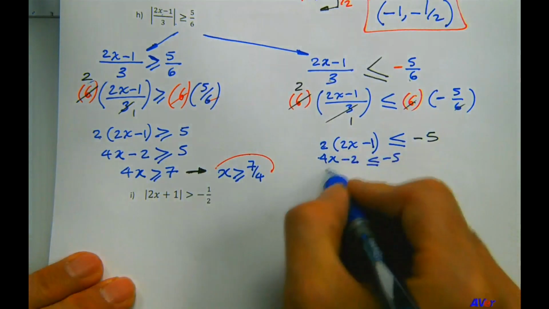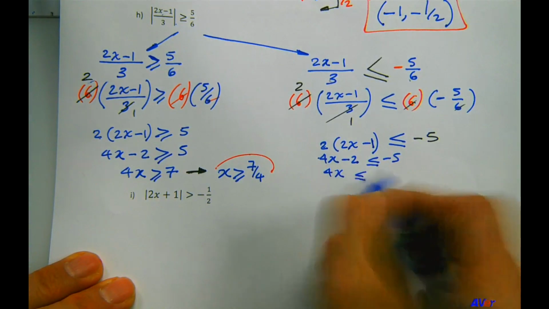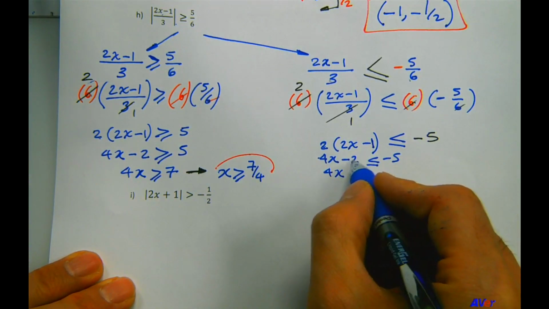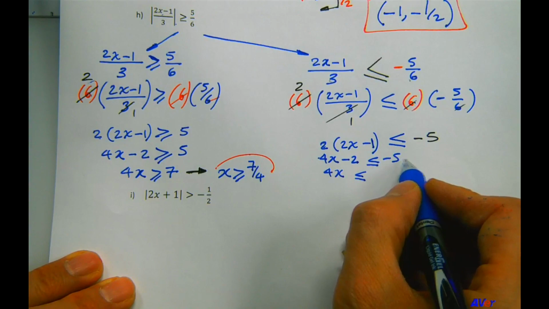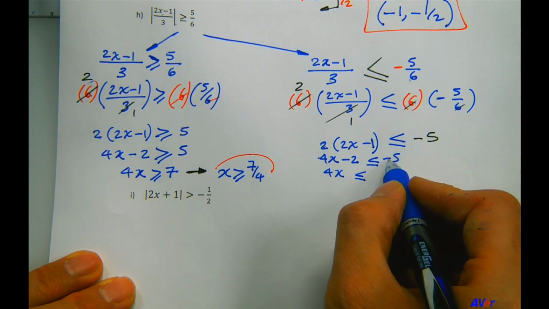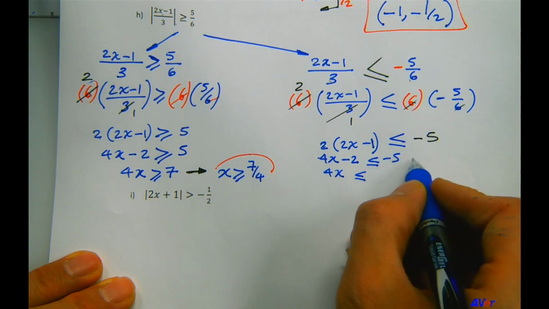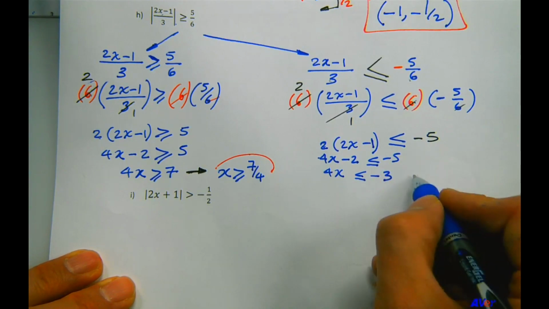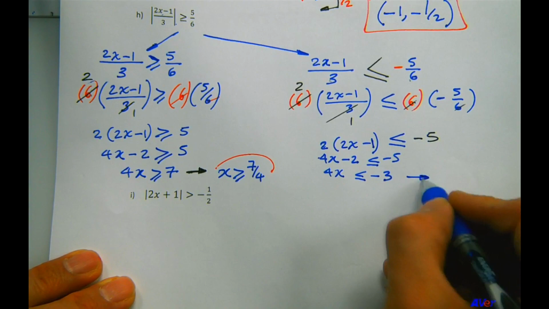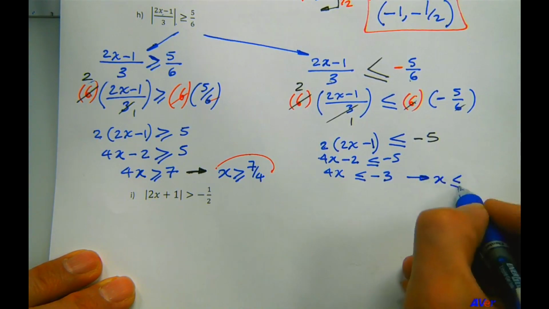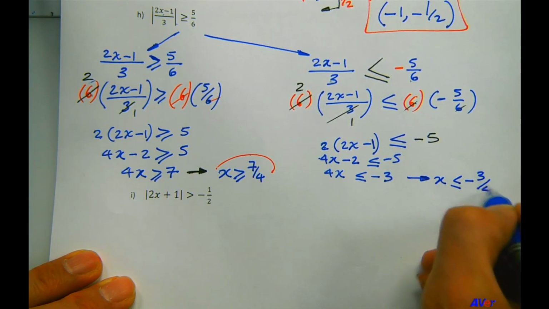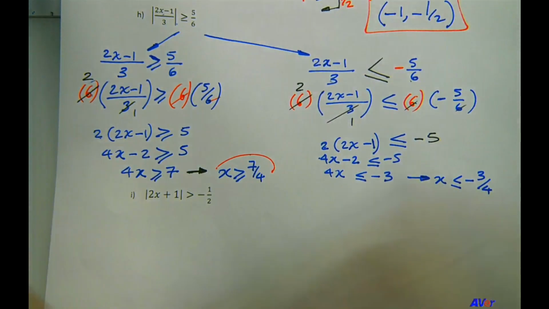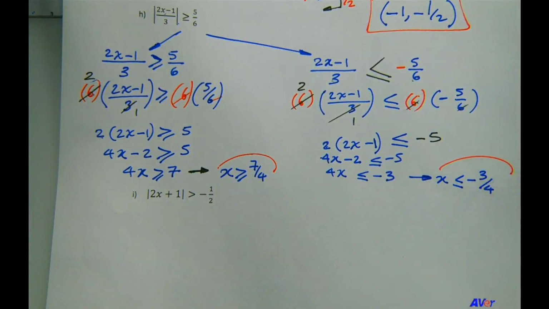So 4x less than or equal to, move the negative 2 to the other side, it becomes positive 2. Add it to negative 5. Negative 5 plus 2, we get negative 3. So from here, x is less than or equal to negative 3/4. So this is the other half of the solution.